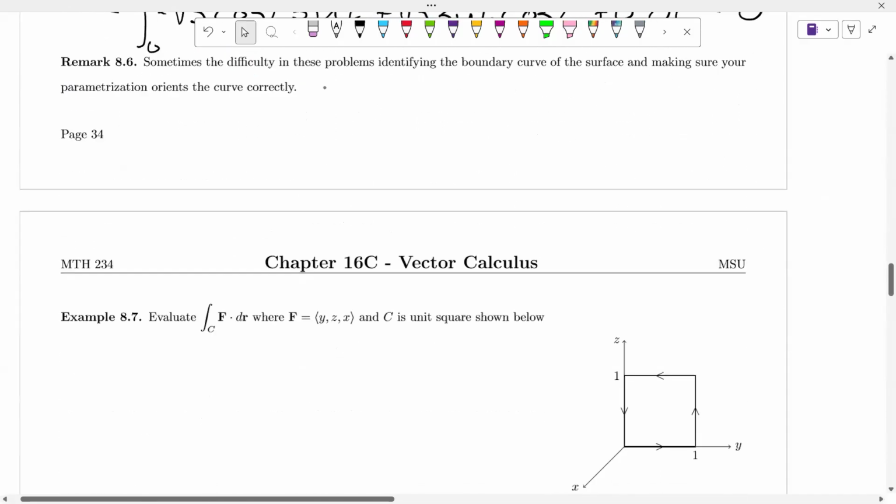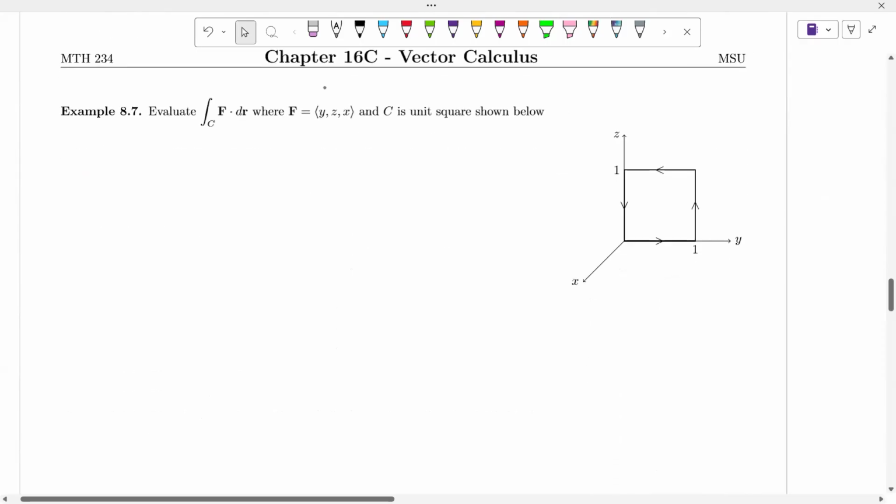All right, let's go check out another one. This time we're going to get the line integral of F dot dr, where F is the field y, x, and C is the unit square shown to the right. Again, whatever we explicitly tell you to do, you should do the opposite. This thing's telling us that we should do the line integral, so we're going to use Stokes' theorem to convert that to a surface integral.